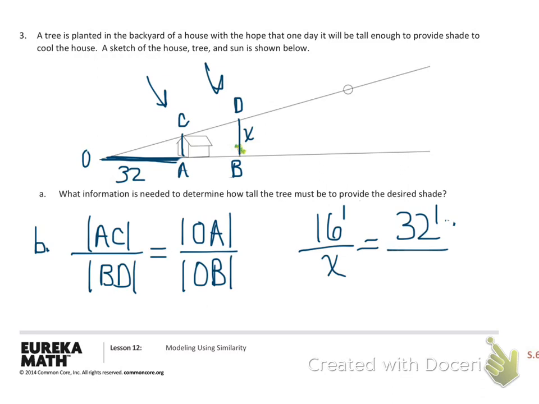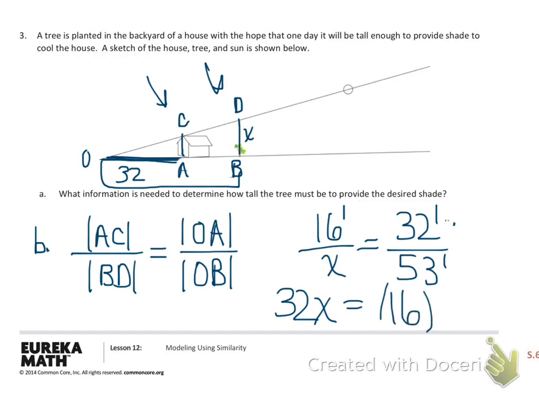And OB is the full distance, and that says the distance from the end of the house's shadow to the base of the tree. That would be this distance here. OB is 53 feet. So 16 is to X as 32 is to 53. So I have 32X is equal to 16 times 53.